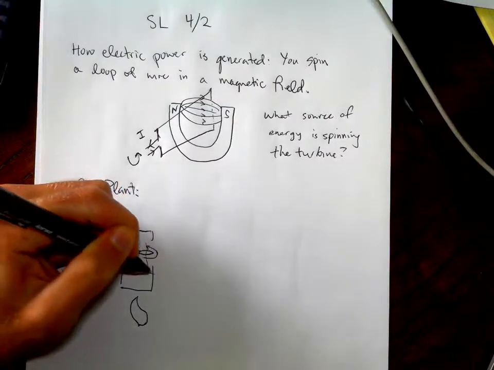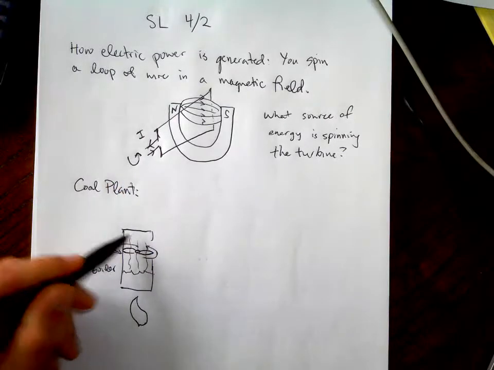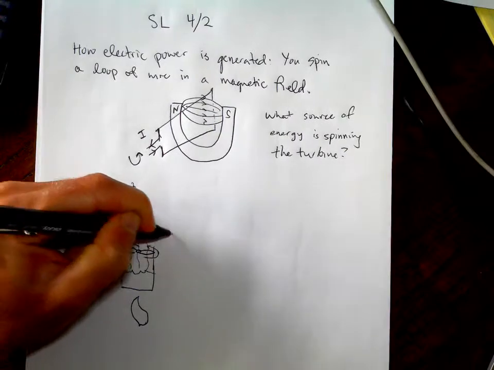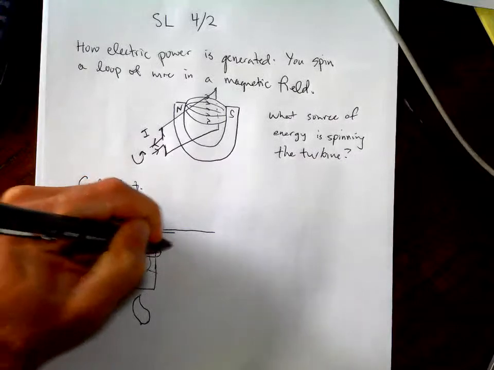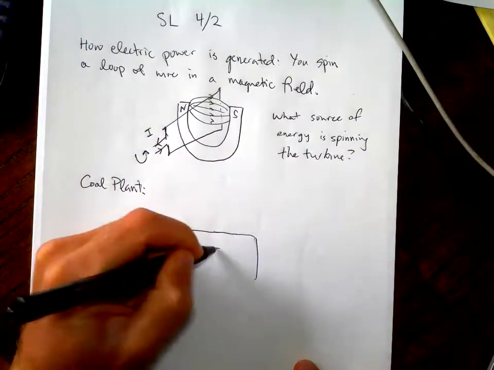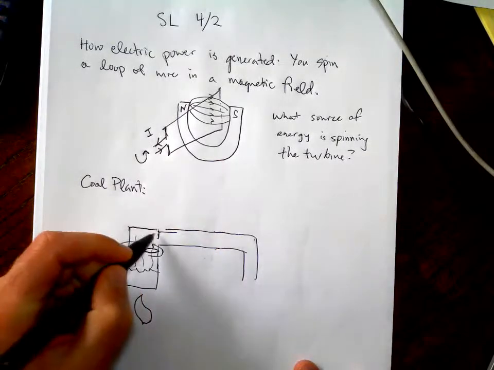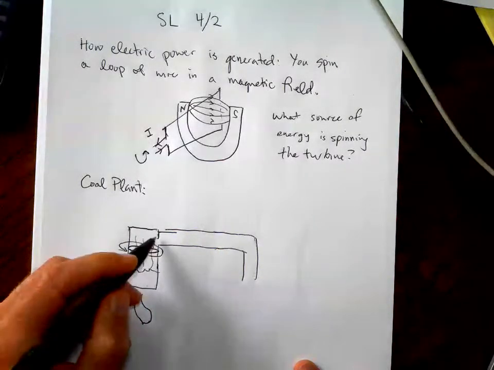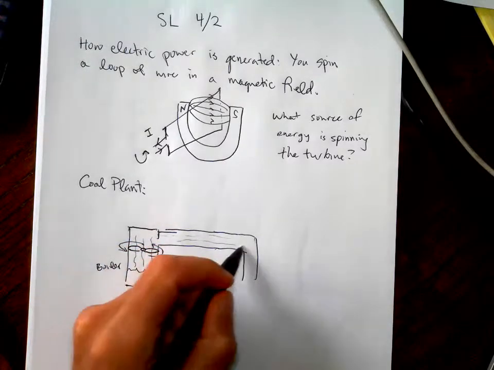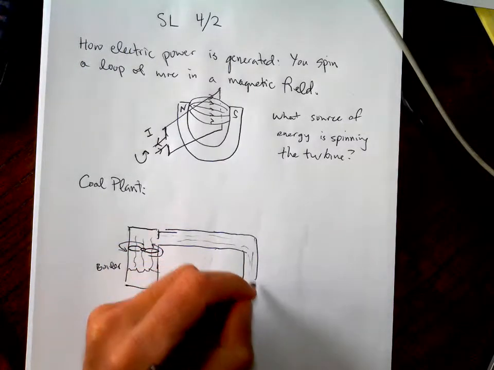Now, of course, as the steam rises, it needs someplace to go once it hits the top. So you have some kind of output pipe. The steam is flowing this way, and then it goes through a region where it's cooled down.